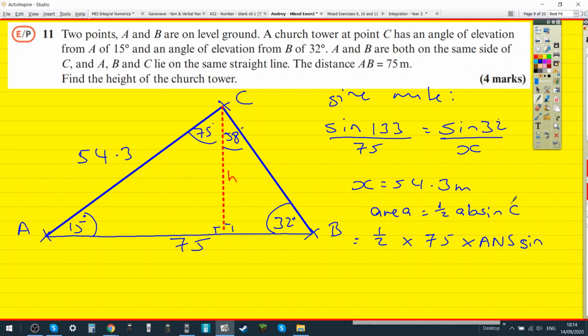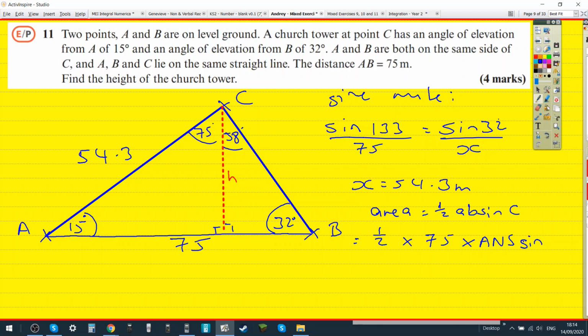A half AB sine C. Yeah. A half 75, 54.3 sine C. So is it not 75 times 54.3 sine C, and then times sine 15? Yep. Angle between them.